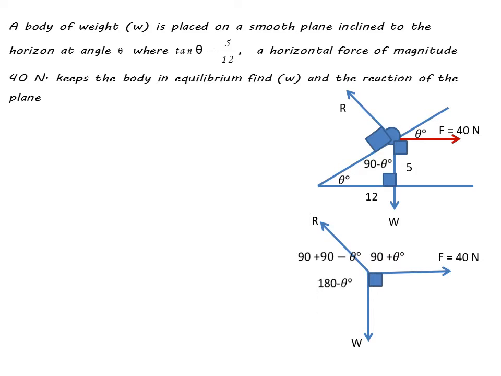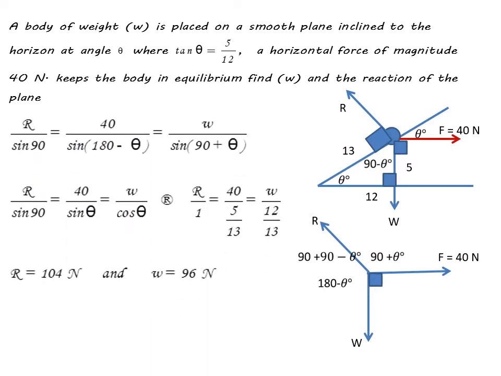So R over sine 90 equal 40 over sine 180 minus theta equal W over sine 90 plus theta. Finally, sine 180 minus theta equals sine theta, and sine 90 plus theta, of course, equal cosine theta. So R over sine 90 means R over 1 equal 40 over sine theta.